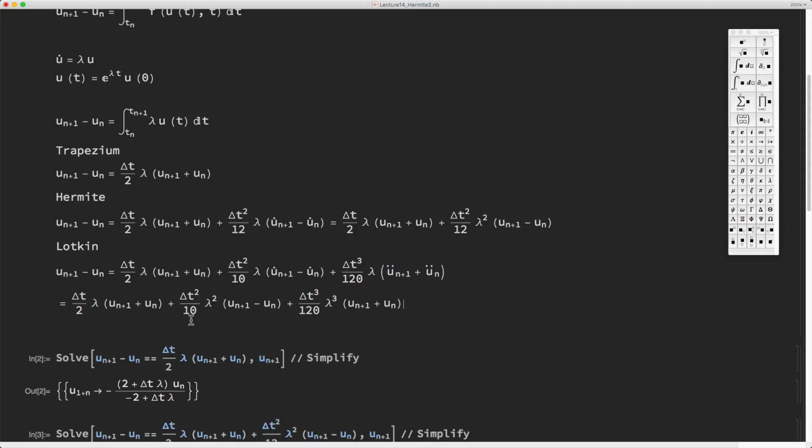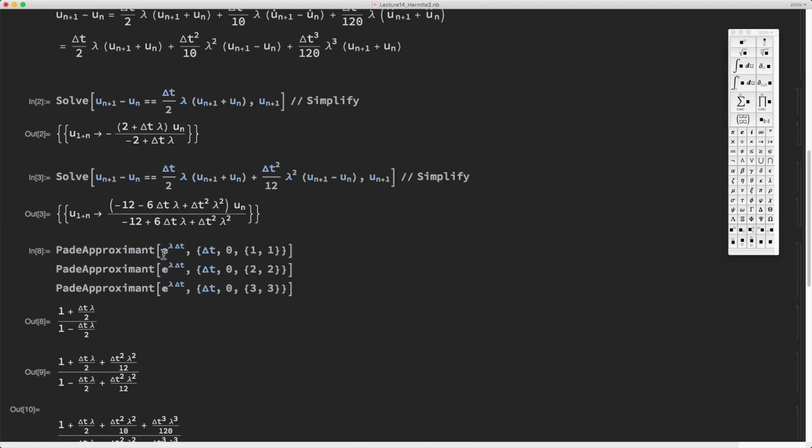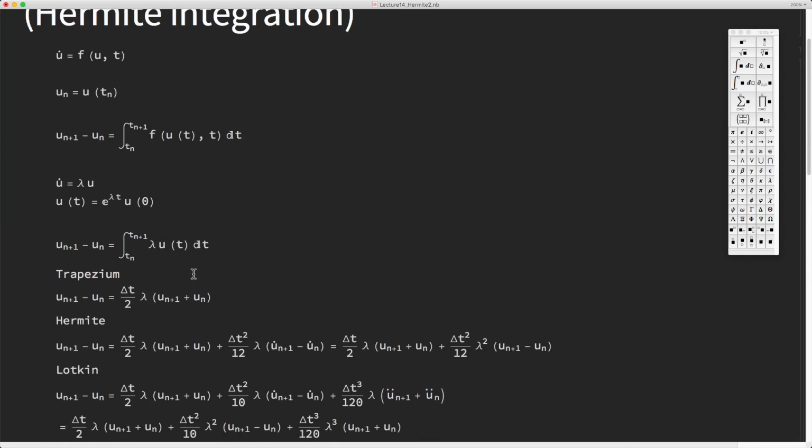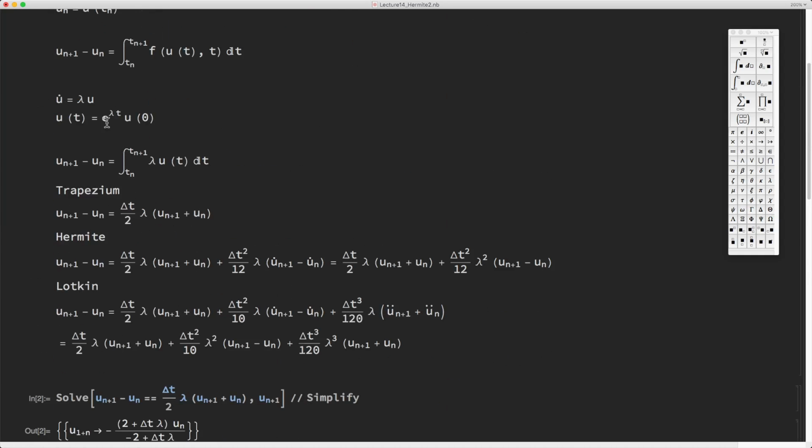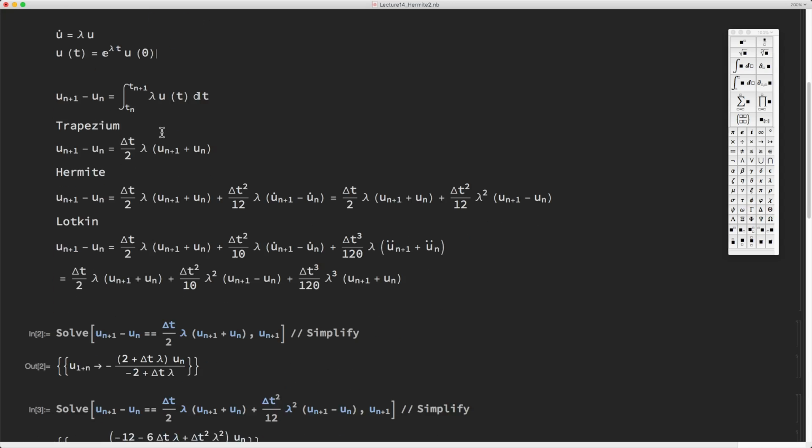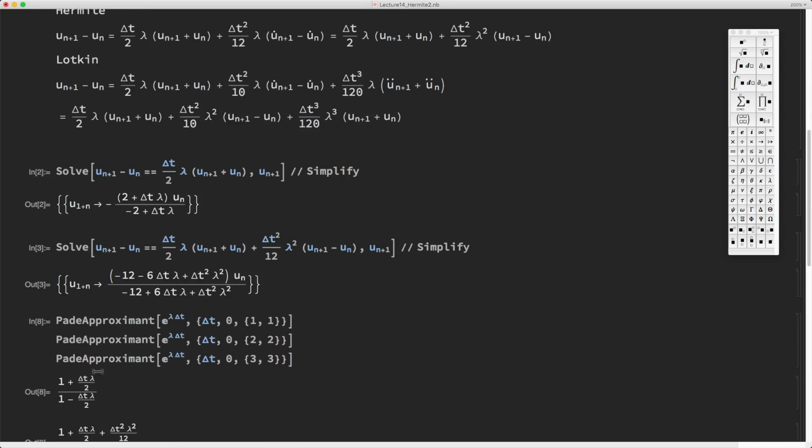So the reason that this Padé approximation of the exponential function agrees with this is that the solution in this case is exponential. So obviously we can take a time step directly with a solution. So u of delta t is e to the lambda delta t times u0, and then we can make Padé approximants of this e to the lambda delta t and get these approximants directly.